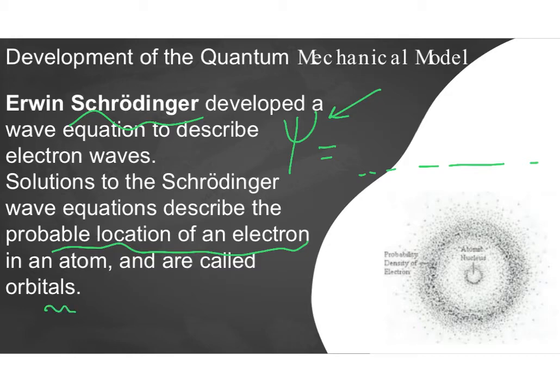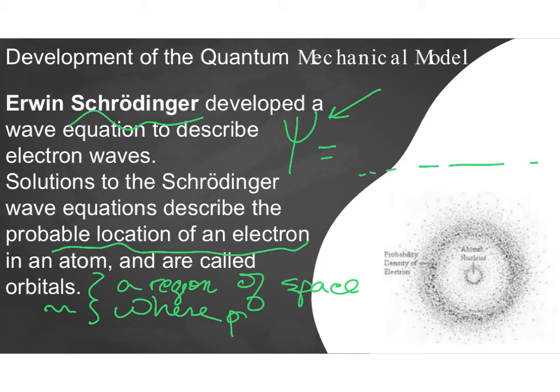So, what is an orbital? An orbital is simply a region of space, so it's not a physical thing that we can touch and investigate. It's a defined region of space where the probability of finding an electron in an atom is highest.